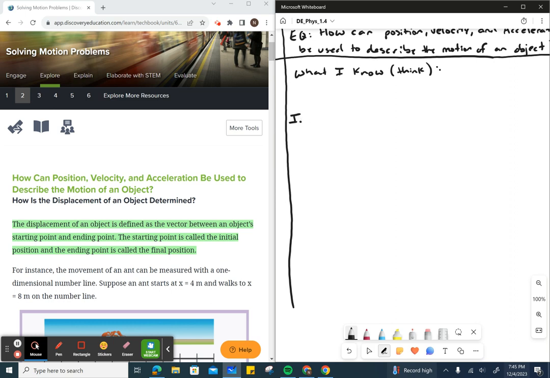Okay, well, hopefully you did that. So let's take a look here. In black, we see over on the left, how is the displacement of an object determined? So maybe I can say how is displacement determined?